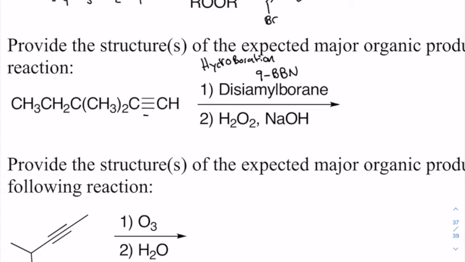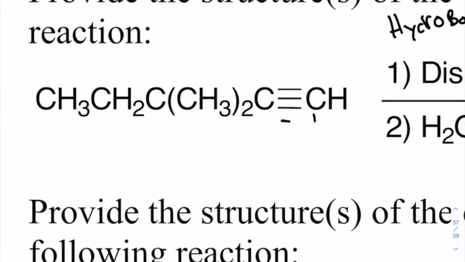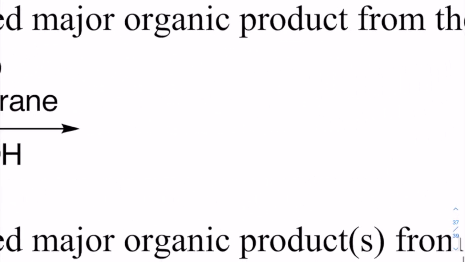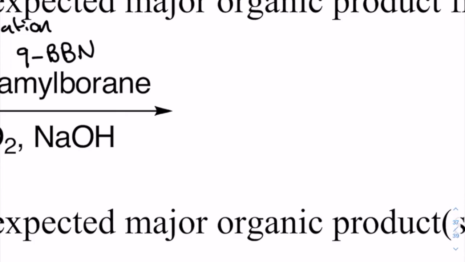So let's draw out this molecule, right? So we have carbon 1, carbon 2, and then we have 2 methyl groups off of carbon 2, and we have carbon 3, carbon 4, and carbon 5 right here, right? So we come back over here, and we have carbon 1, carbon 2, carbon 3, carbon 4, and carbon 5, right?